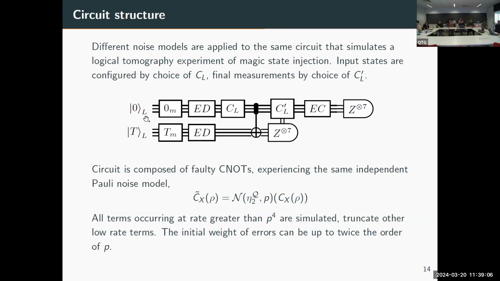This is a logical tomography experiment. These Cliffords are transversal Cliffords applied to prepare different initial states and final measurements. But preparing fault tolerantly some initial stabilizer state, some initial magic state, doing a logical magic state injection, and then doing final error correction and measurement to get the logical outcome at the end.